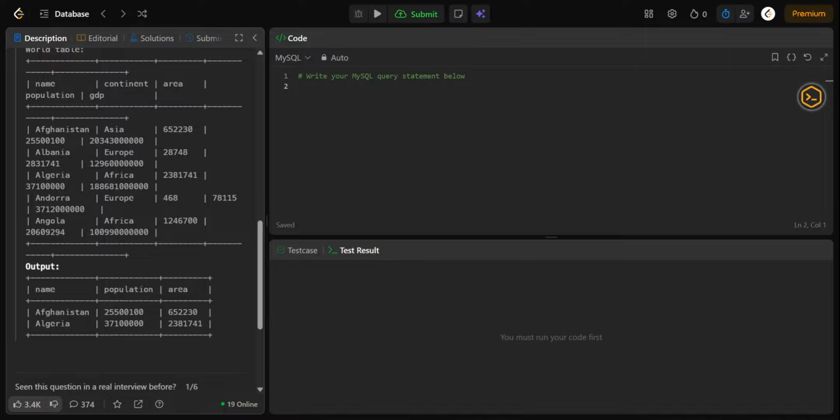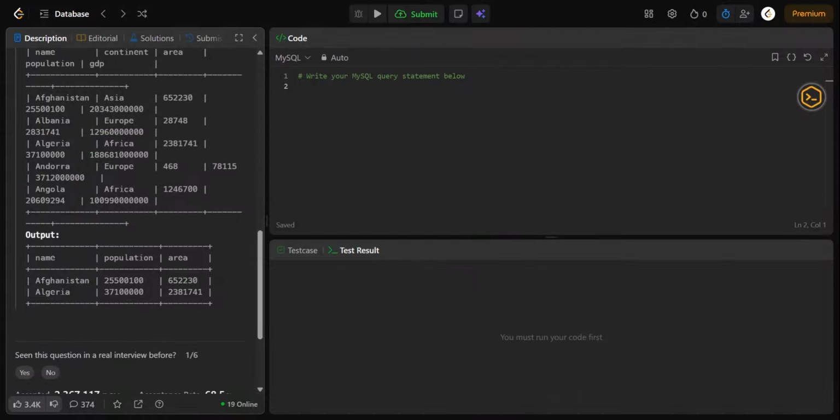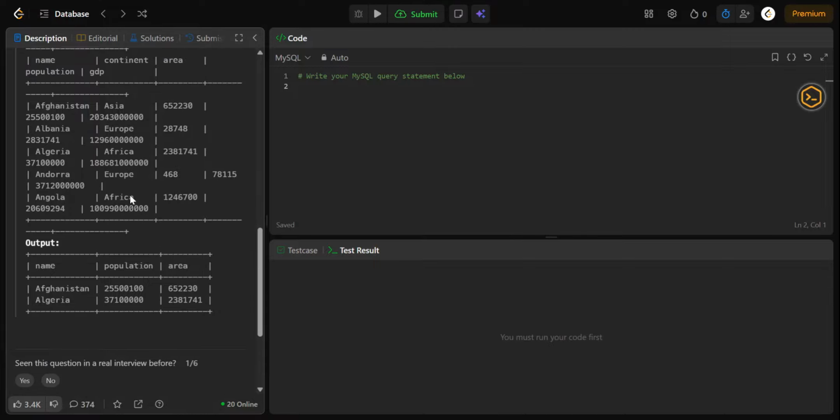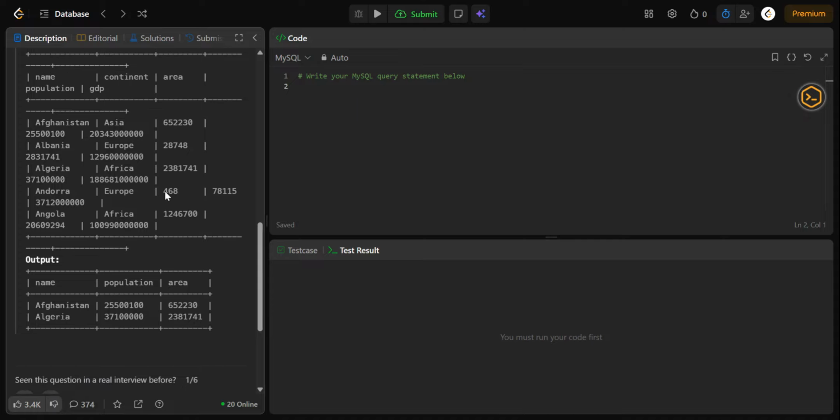So that's why we are adding Algeria to our final answer. For Andorra, the population is very small and the area is also very small, so we don't include it in our final answer.